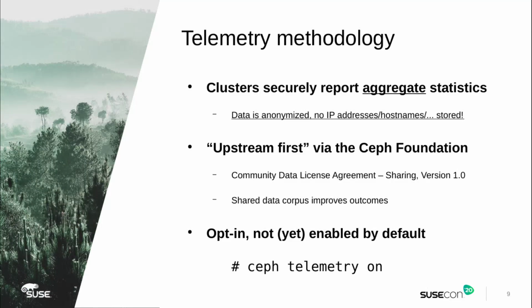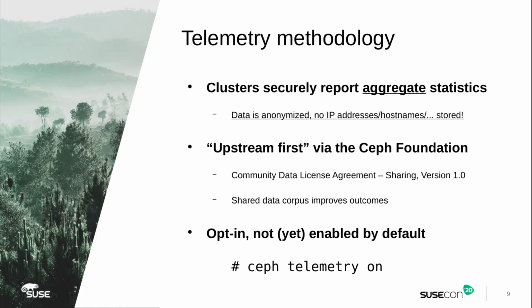So how is telemetry implemented in Ceph? There's a manager module that aggregates statistics from the cluster. This anonymizes the dataset: no IP addresses, no host names, no pool names, no RBD names. None of these identifiers are included.